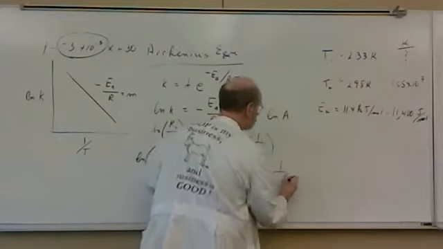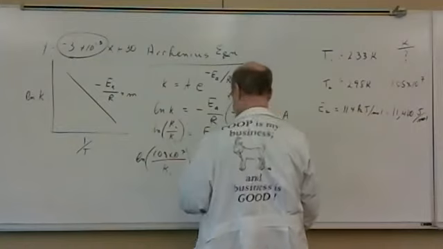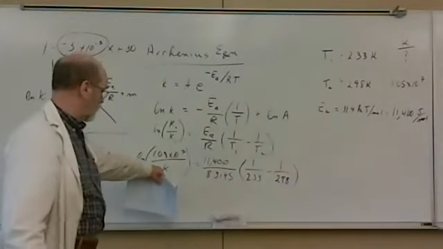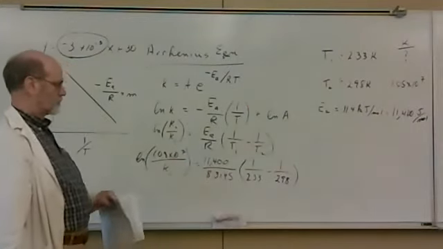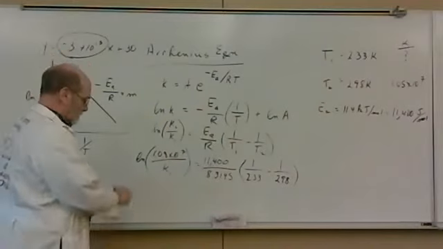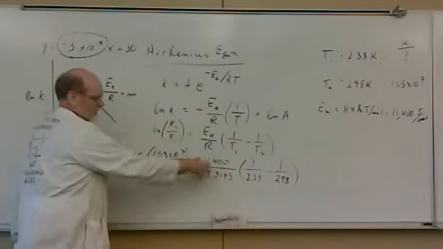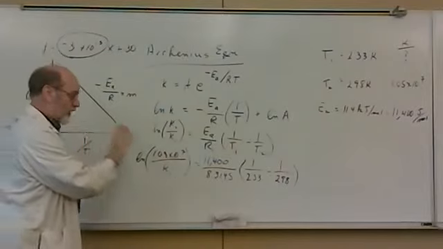And T2 is 298. Okay. Now all you have to do is solve for K1. So how do we do that? Well, this would be the first trick. That's simple. Your calculator will do that for you.